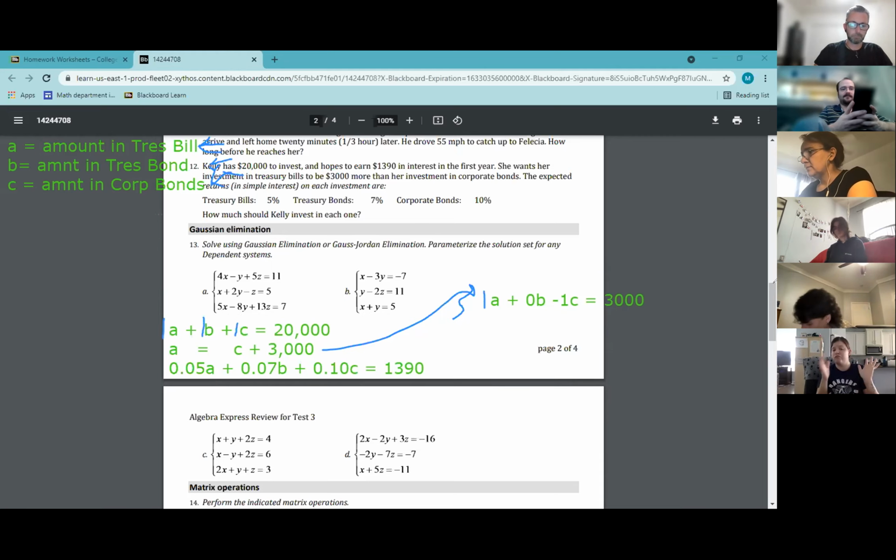So I do have a question regarding elimination. How do we know when we're supposed to use the Gaussian method and solve it by hand versus using our calculators and technology?